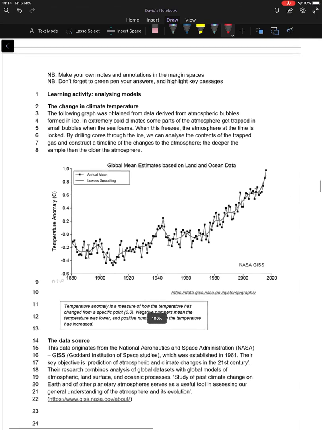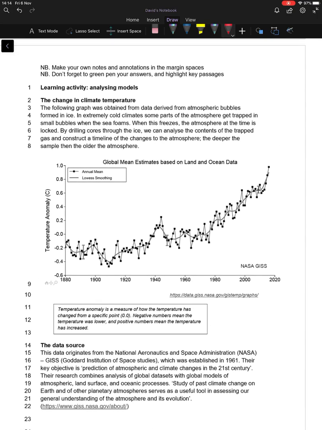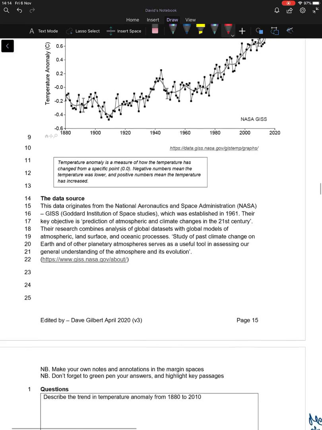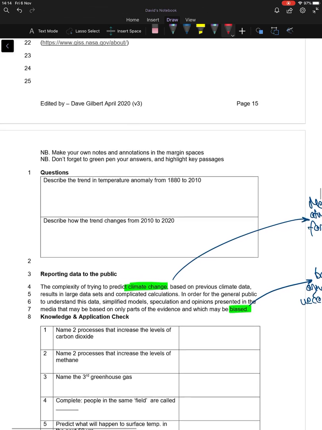Now, instead of me just reading it out to you, I want you to pause the video here and simply spend a couple of minutes reading through the text, looking at the graph, reading through the text at the bottom, and we're going to go on and have a look at a couple of final questions about it. So pause the video now and just have a little read of the text there itself. Right, if you've done that, let's have a look at two questions on the end.